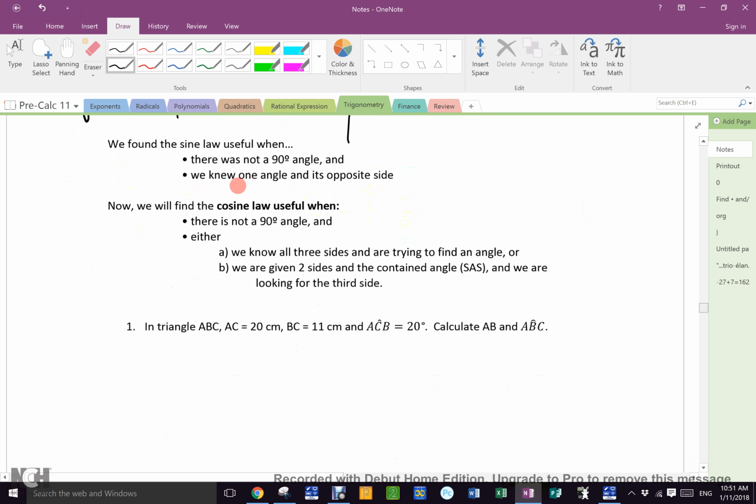And here's a whole bunch of rules about it. Sine law we used when we knew one angle and its opposite side.